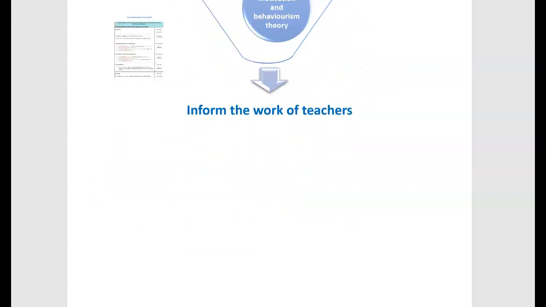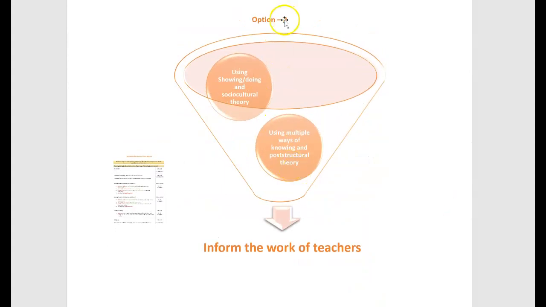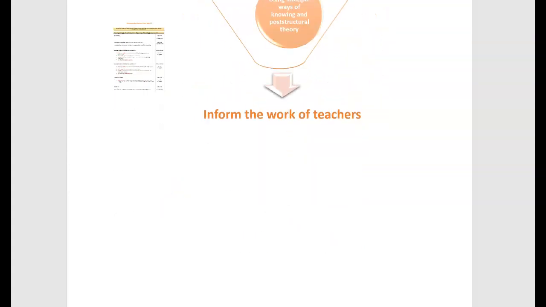Again, if you're going to choose topic number 2, so showing and doing as the learning mode that aligns with sociocultural theory, and multiple ways of knowing and post-structural theory, how these 2 together inform the work of teachers, and you would like some support or some examples as an essay plan, you're going to use this lovely orangey peachy apricot-y colour.